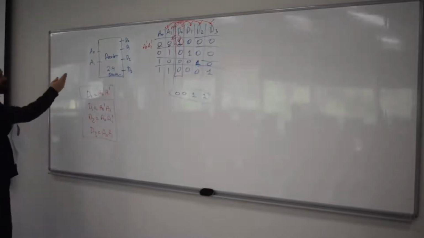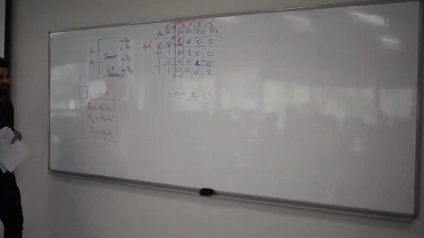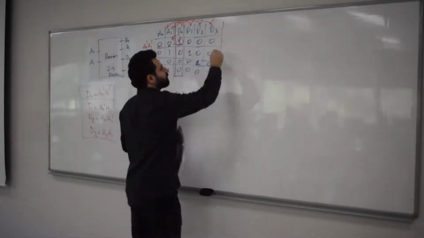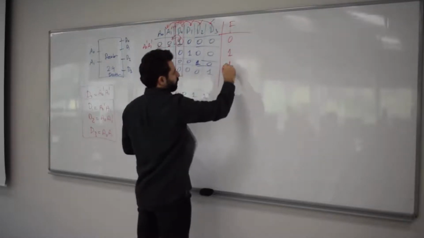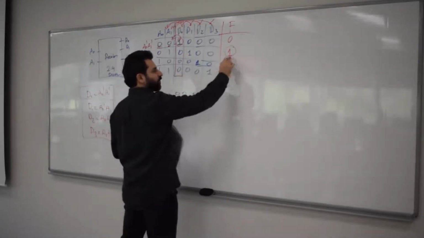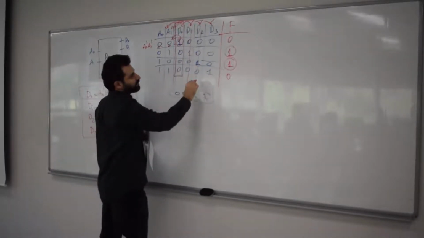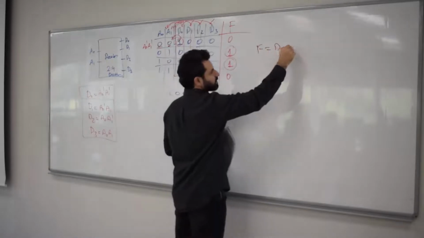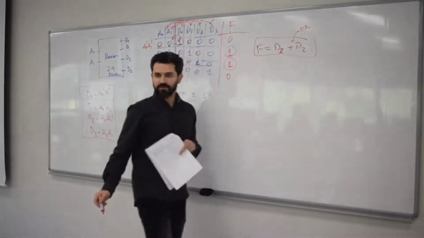So a decoder can be used to output min terms, which makes it very simple to implement any function. For example, if you want to implement F with outputs 0, 1, 1, 0, all you need to do is collect these two min terms, which are D1 and D2. So F equals D1 plus D2, this is OR, of course.